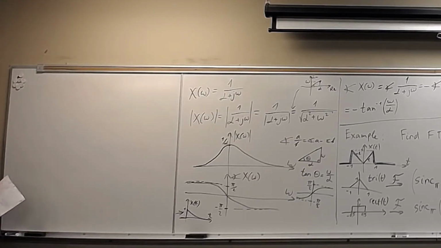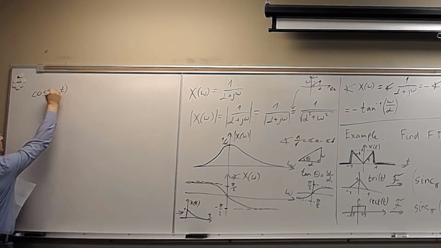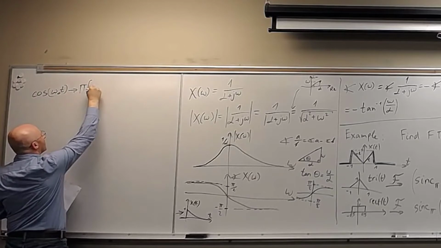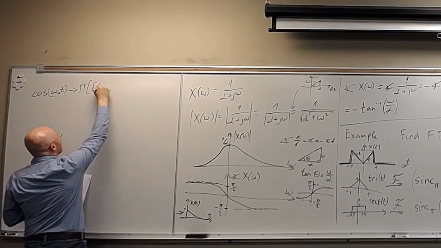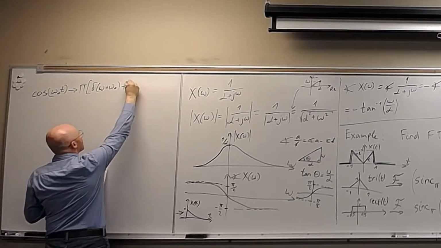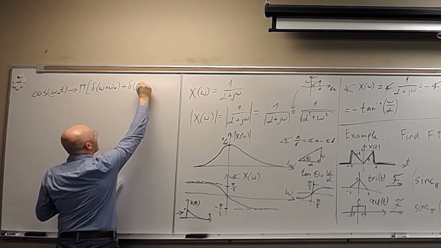So let's say the only thing you can use for that is this. Another thing that you have in the table is that cosine is transformed to pi delta omega plus omega 0 plus delta omega minus omega 0.